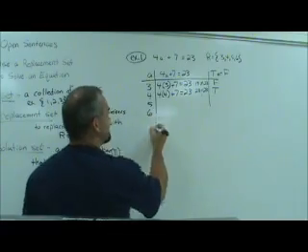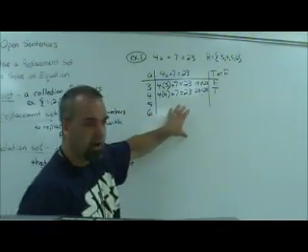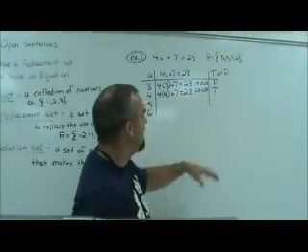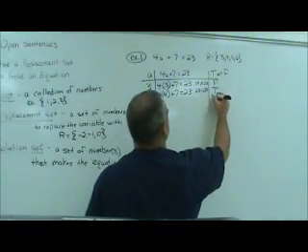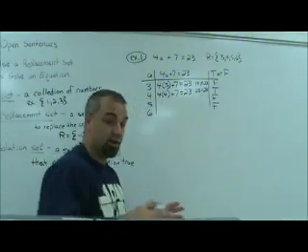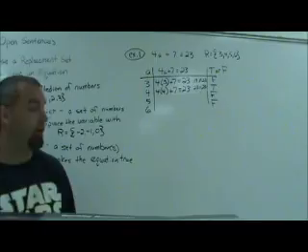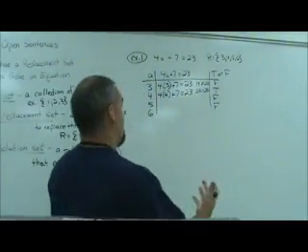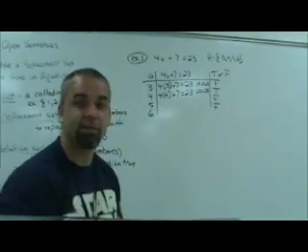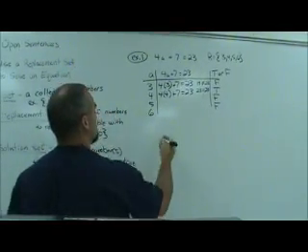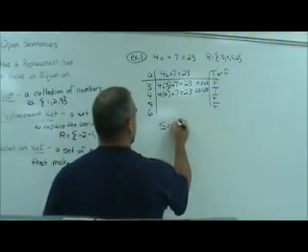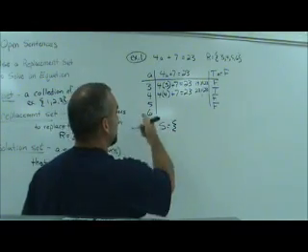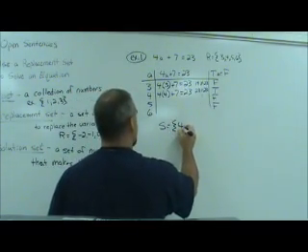We can put 5 and 6 here, and I'm not going to ask you to even fill that in. You can just say that's going to be false and that's going to be false. The only other thing I want you to show me is what we call the solution set: what number or numbers from the replacement set make it true. The solution set equals, in this case, just the number 4.